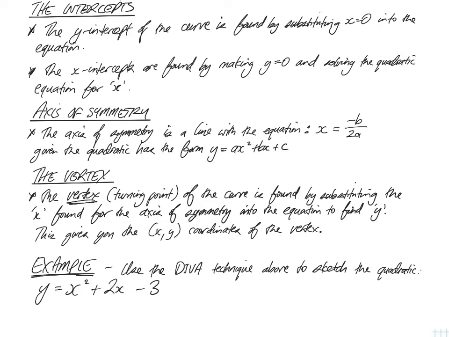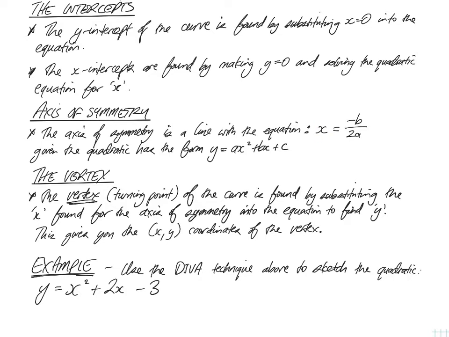So x is equal to negative b on 2a. Why doesn't that look like a line equation? Yes, it is, because it's a vertical line. The only thing defining a vertical line is its position on the x-axis.